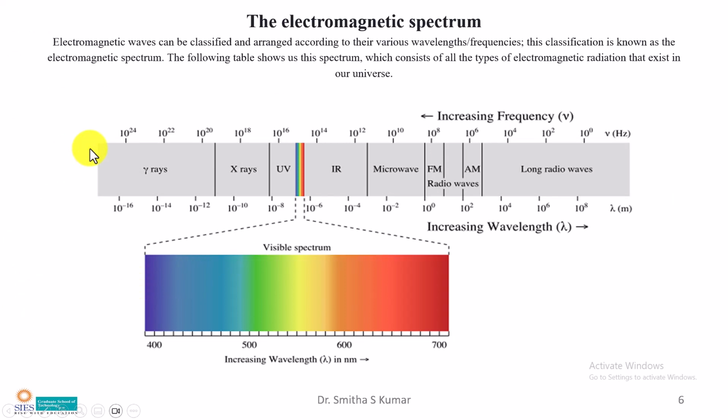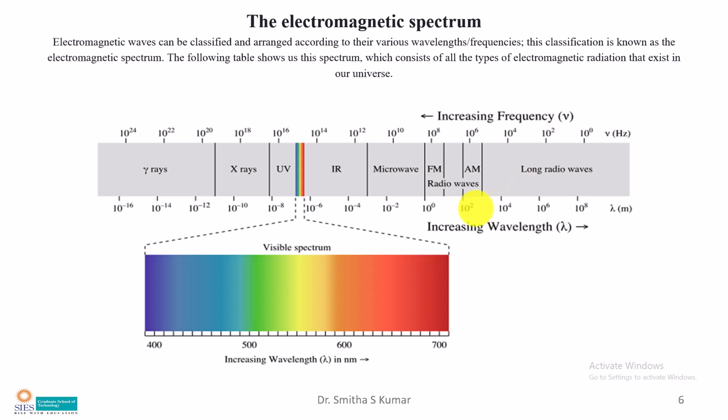Coming on to the electromagnetic spectrum. Electromagnetic waves can be classified and arranged according to their various wavelengths or frequencies, and this classification is known as the electromagnetic spectrum. The following figure or table shows us the spectrum, which consists of various types of electromagnetic radiations that exist in our universe and is arranged according to increasing wavelength or decreasing frequency.